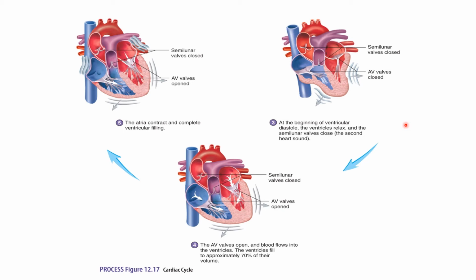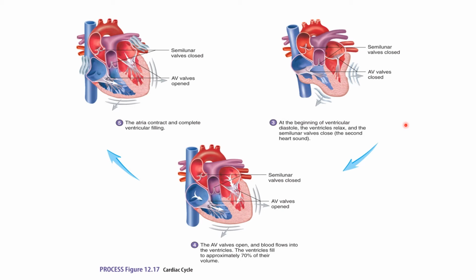Kapag tatanungin daw kung paano ba ang tibok ng puso, it is usually denoted by the sound of lub-dub, lub-dub. So, the first sound is lub, and then the second heart sound would be dub. Okay, lub-dub. So, fourth phase is that the AV valves open and the blood flows into the ventricles.